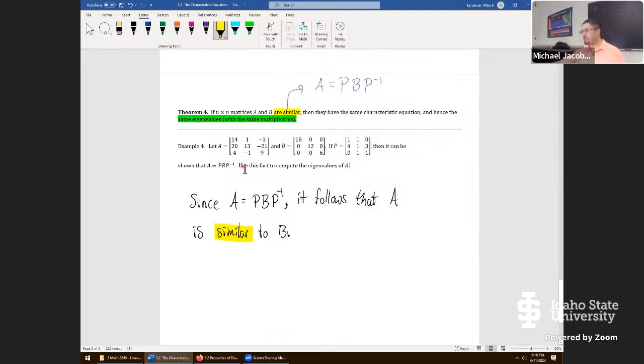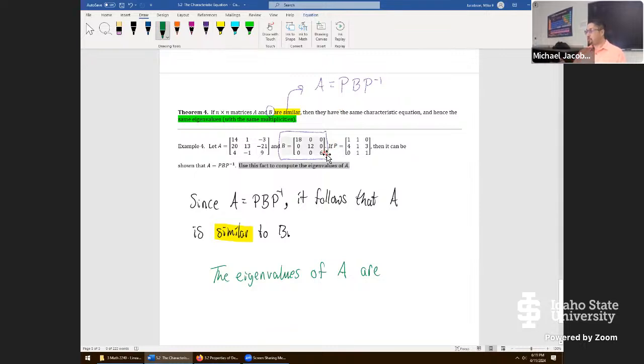Well, they say use this fact to compute the eigenvalues of A. Well, we'll use this idea. The moment you said two matrices are similar, then they will have the same eigenvalues. A is similar to B, and this is our B matrix. So we can now say the eigenvalues of A are, we get to read them right up here.